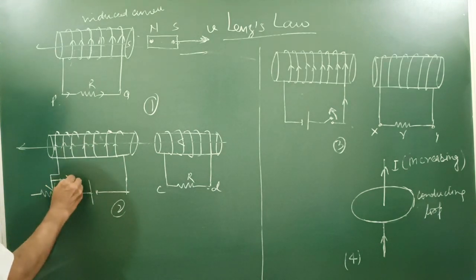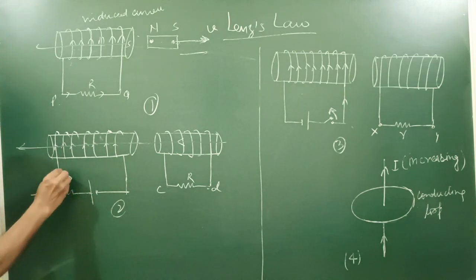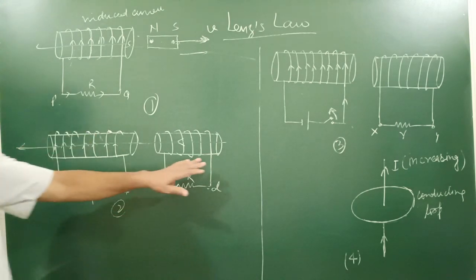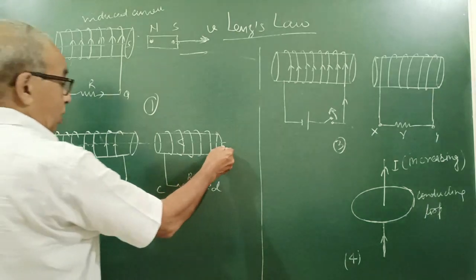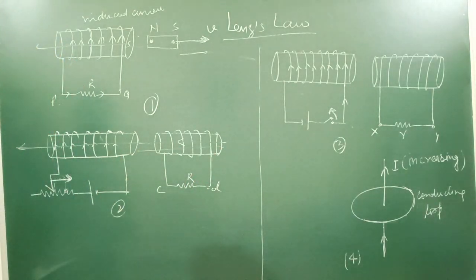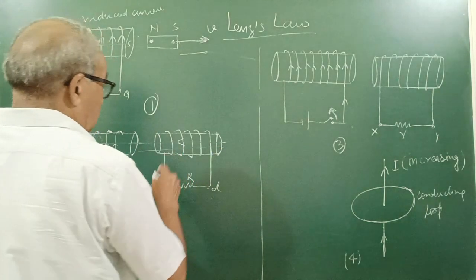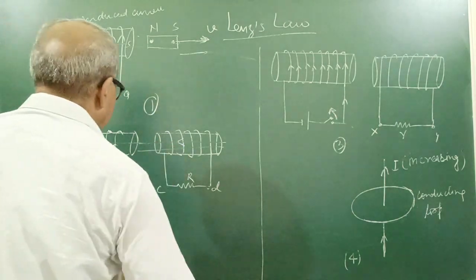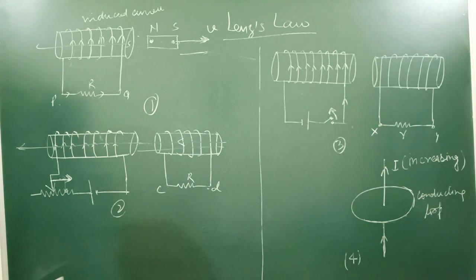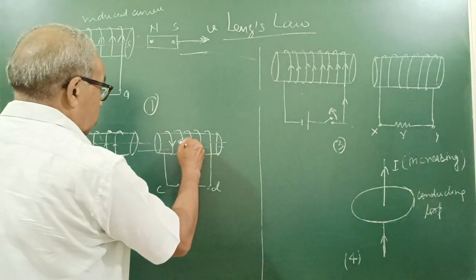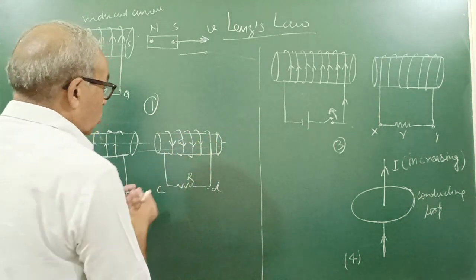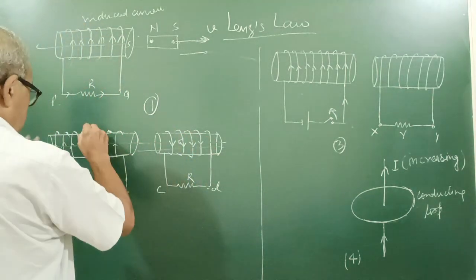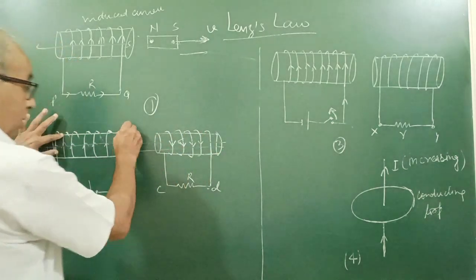Now, if we are moving this rheostat this way, it means we are decreasing the resistance, so current will be increasing here. That increase of current will increase the field in this direction, so the induced current should be such that the field should not increase, and that is only possible if current flows this way here. The field of this solenoid here is right to left.